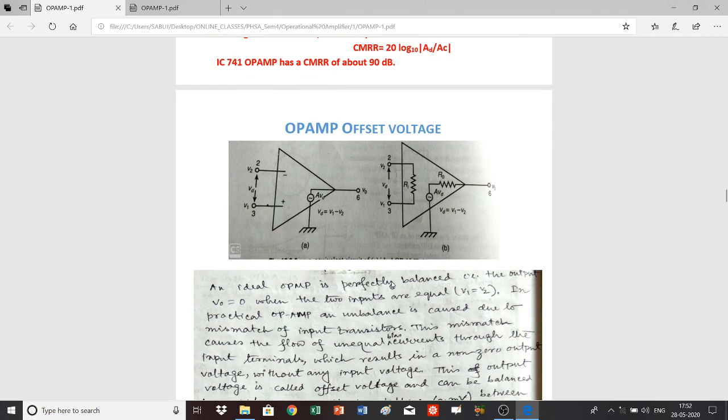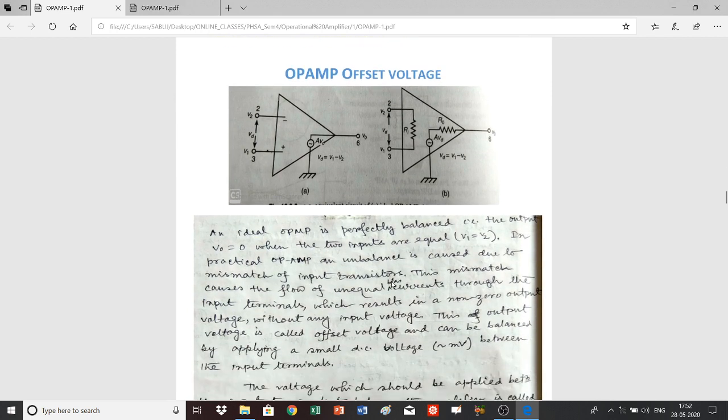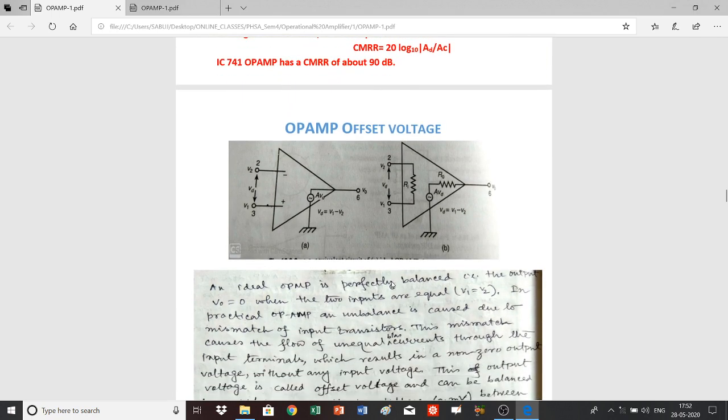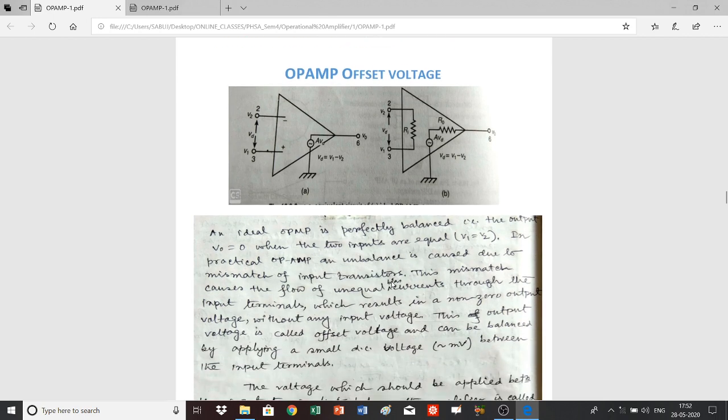Now come to the op amp offset voltage, which we already discussed. In this section we will discuss it once again. You know that when the two voltages applied to the non-inverting and inverting terminals are equal, or both are grounded, the output should be 0.